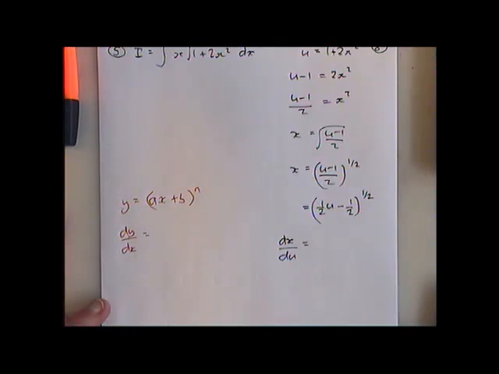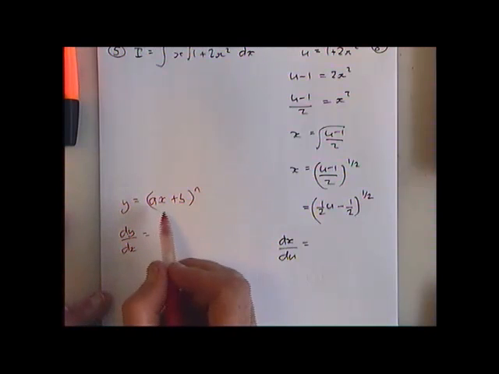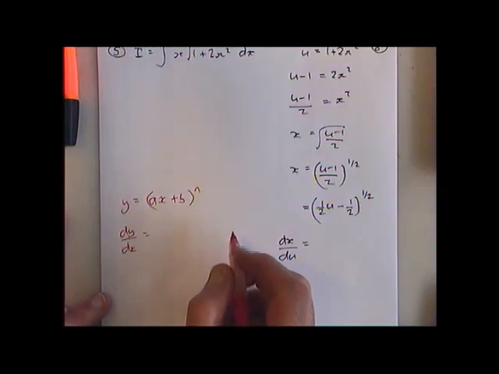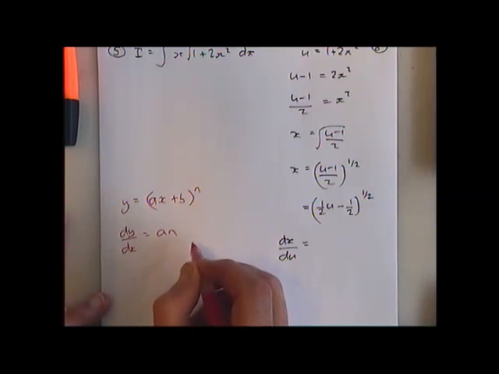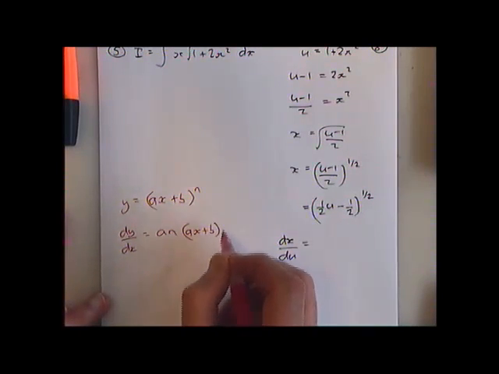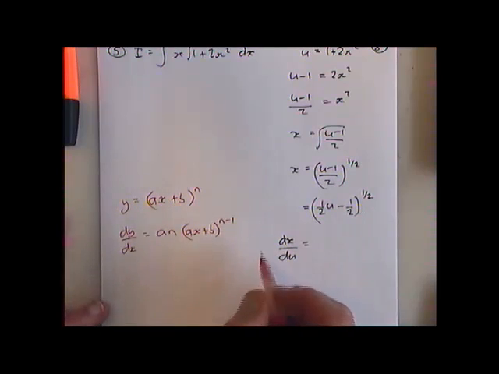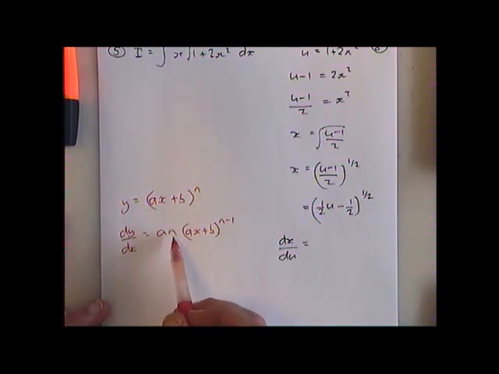This is another rule, a thing to learn. What do you get when you differentiate that? A n, and then ax plus b in the bracket, power n minus 1. Yeah, that's right. The power comes down the front, the amount of x's comes down the front, the bracket stays the same, and you knock one off the power.